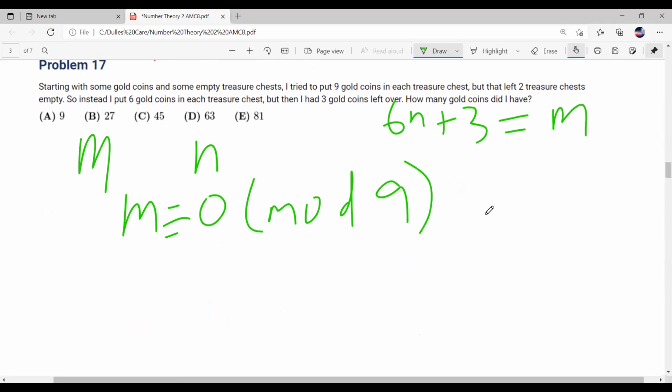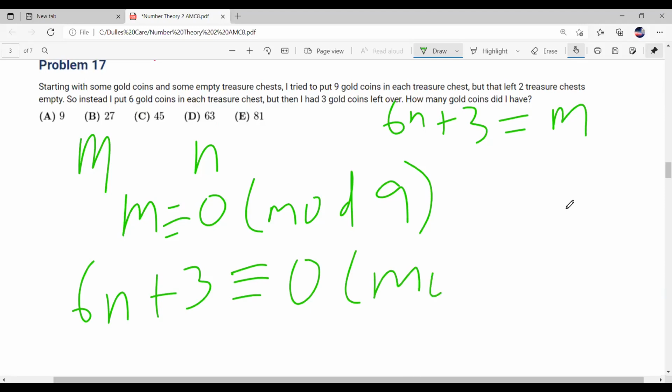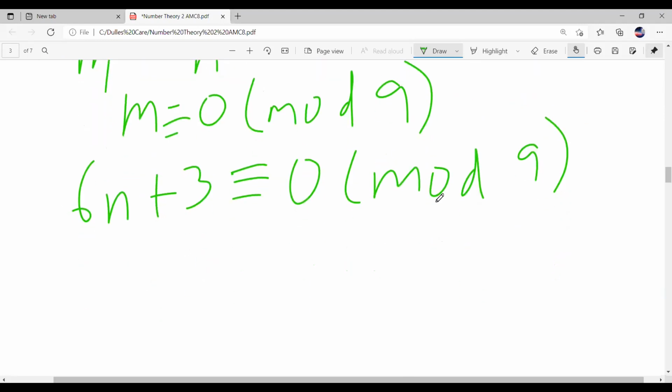So what does this tell us? This tells us that M is equal to 0 mod 9. So let's substitute in 6N plus 3. So 6N plus 3 is equivalent to 0 mod 9. Let's subtract 3 from both sides.